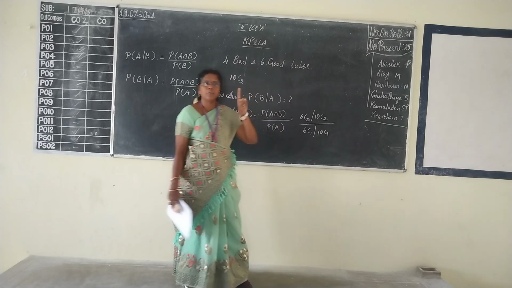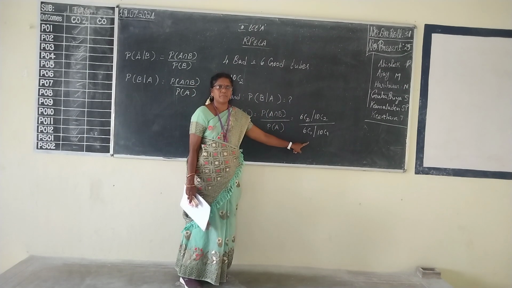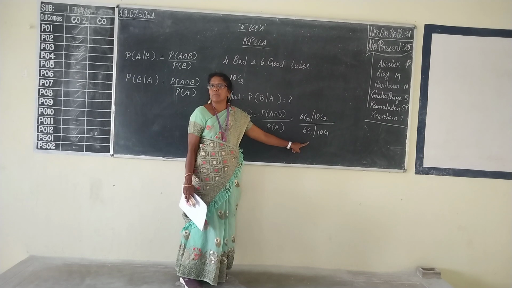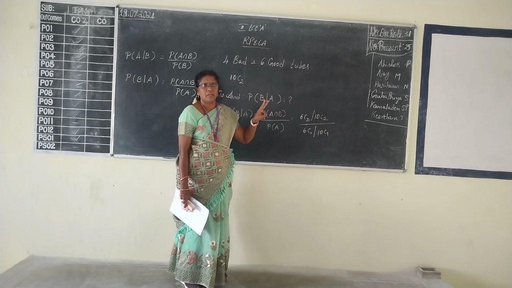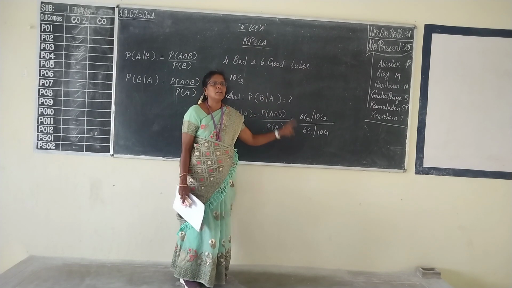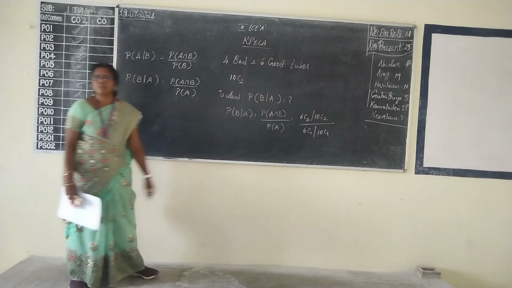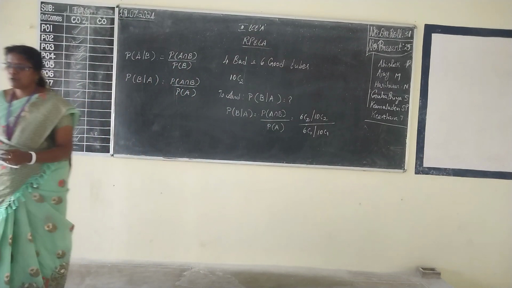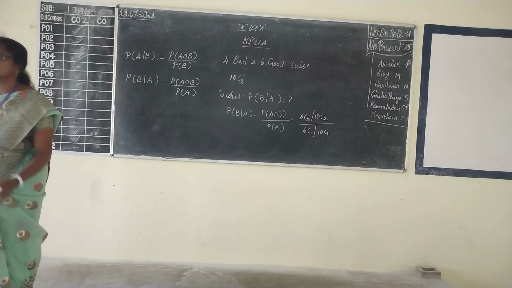Out of 6 you are going to pick 1. How many ways can it be done? 6C1. Can you understand now? In the numerator you are going to discuss 2 tubes to be good. In the denominator you are going to discuss 1 tube to be good. Okay, find the answer using your calculator. 0.555. Others?